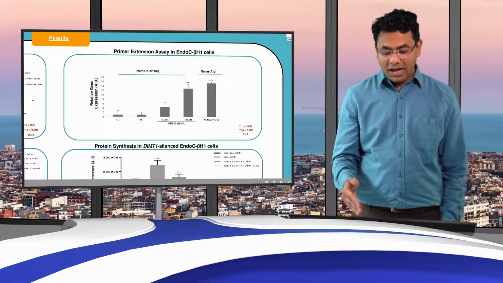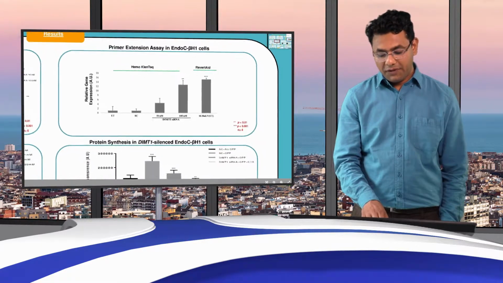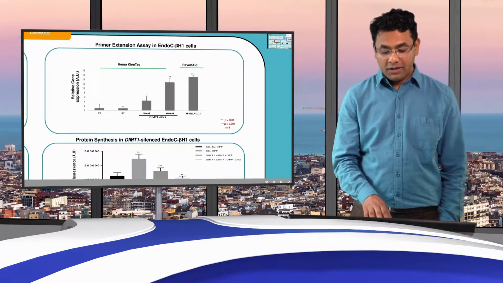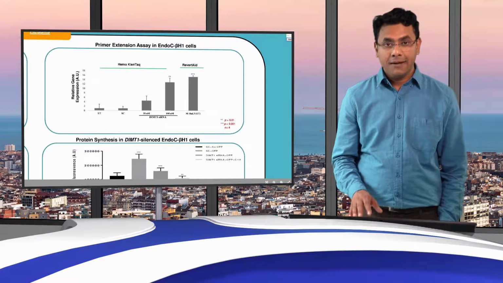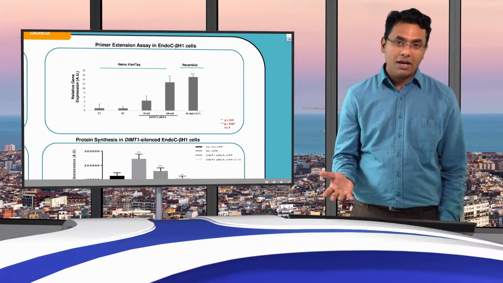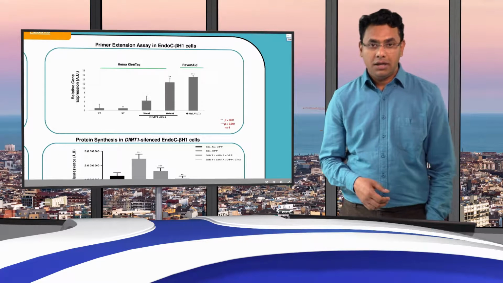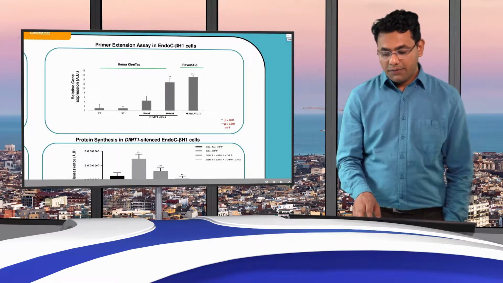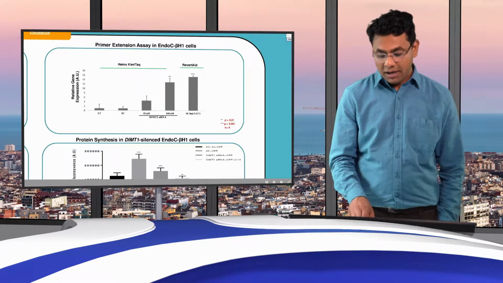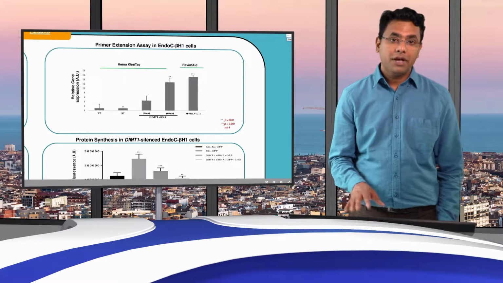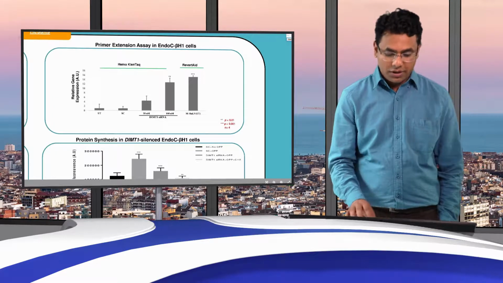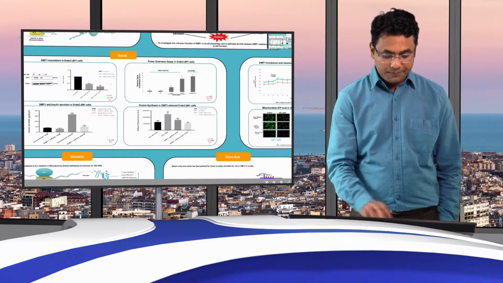But when we knocked down DIMT1, as you can see from the 50 nanomolar and 100 nanomolar, there was an increase in the copy number, suggesting that once DIMT1 is knocked down, it can transcribe the RNA. For the positive control, we took RevertAid, which transcribes your gene regardless of any secondary structure and methylated structure in your system.